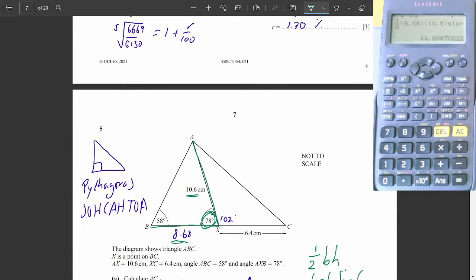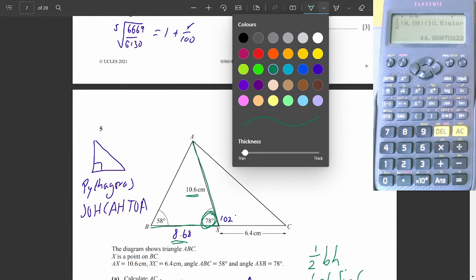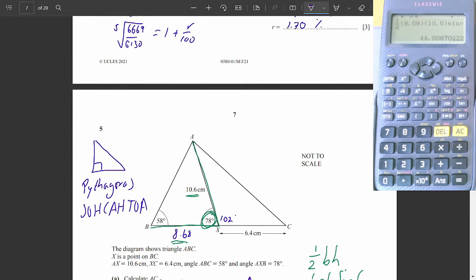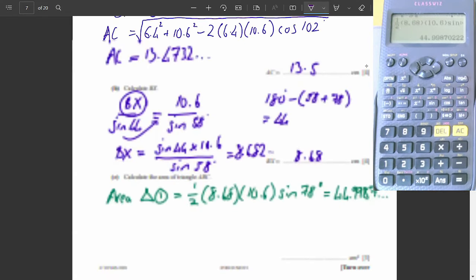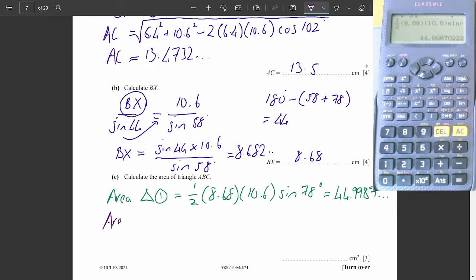Let's go to the other triangle. Let's pick a different color for this one. Nice, purple. So in this triangle here again, we need two sides, and we got that here with 10.6. Got the other side 6.4, and we got the angle between those two sides. So the area of triangle 2 will be half 10.6. Remember, that was the same.